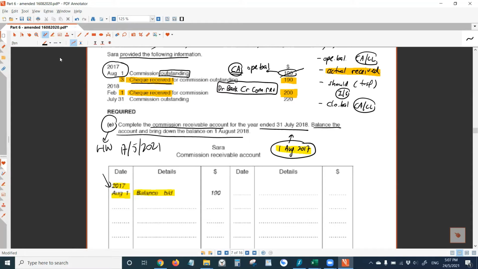Credit commission receivable, you have that account here, right? So record it. Credit commission receivable means go to the commission receivable account, credit side, and write the number there first. Always write the number there first. So the 190 first, and then the 200. Don't combine them.